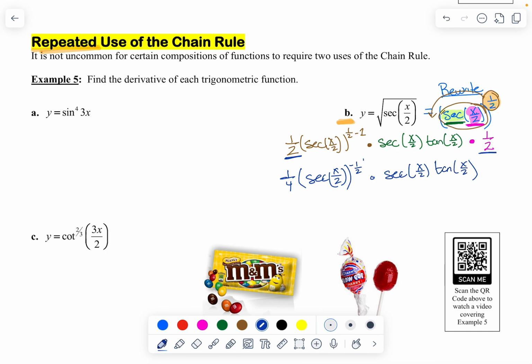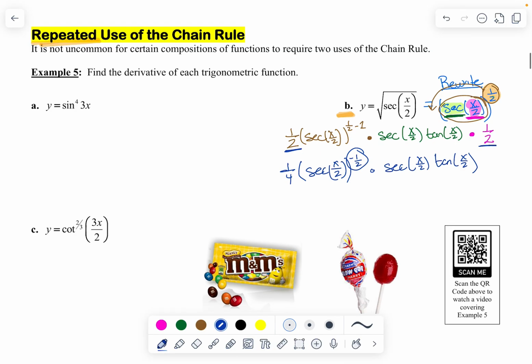And, of course, the only thing we can't have is negative exponents in math, so we've got to bring that guy down. So it's going to be 1/4 over the square root of secant of x over 2 times secant of x over 2 tangent of x over 2. And that's it. That's our y prime answer.